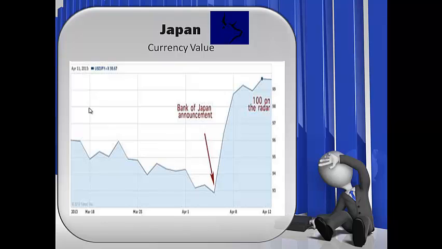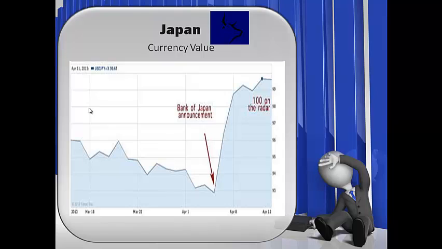Okay, that's one of the reasons why they want the currency to be devalued, and to do that they are implementing what they call quantitative easing. Okay, exactly the same as what's going on in the United States, but they want to do it more aggressively.